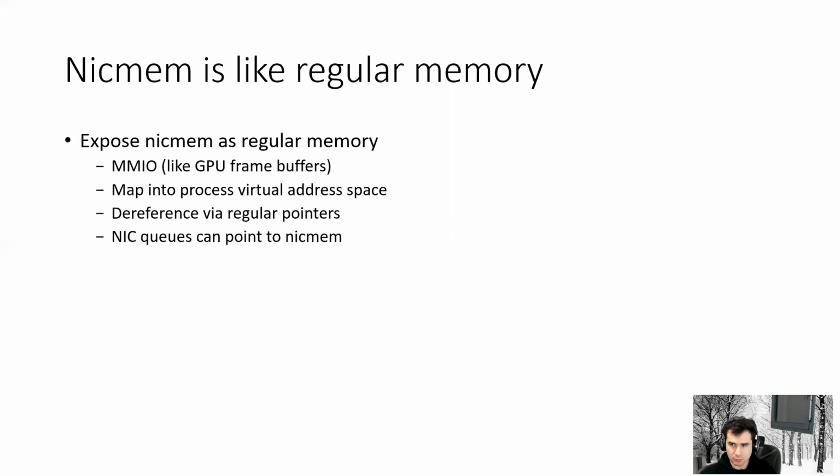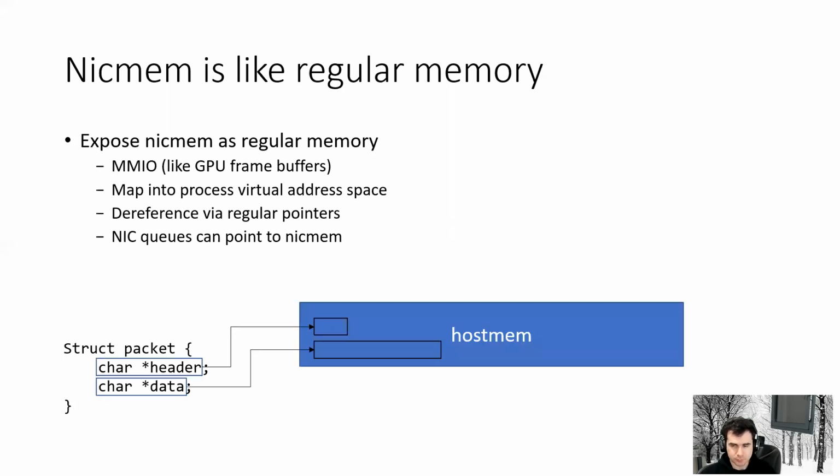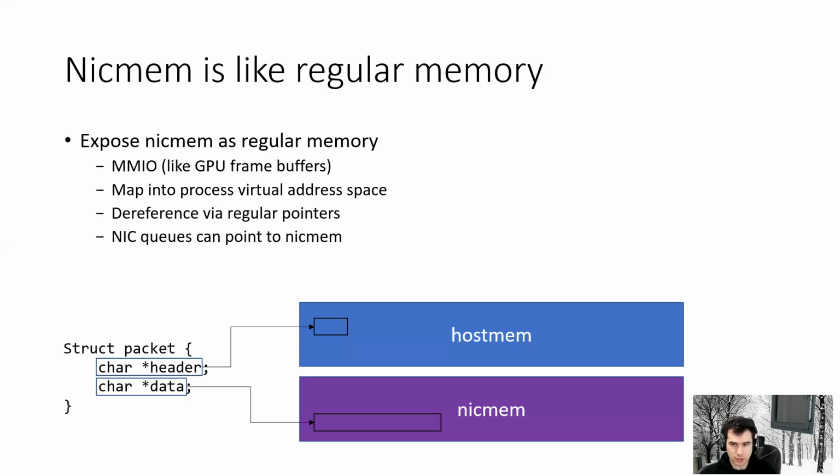For example, an application that does packet processing can use the following data structure to represent a packet, with a pointer to the header and a pointer to the data, and both point to data in host memory. Now, to use Nicmem and to avoid the cost of data movers, all that is needed is to point the data to Nicmem. The main point is that Nicmem is mostly just like regular memory from the application's perspective.